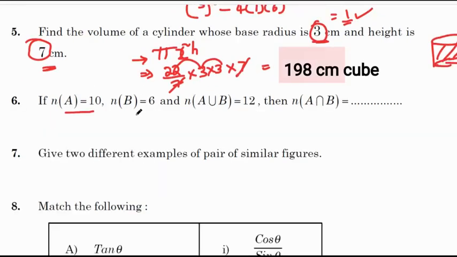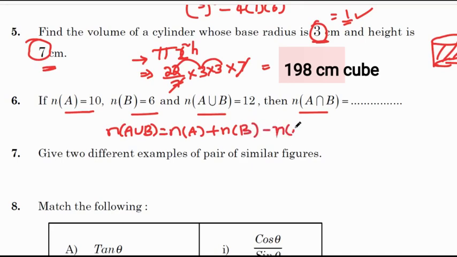Sixth question, n of A is 10, n of B is 6, n of A union B is equal to 12. Find n of A intersection B. So we know the formula n of A union B is equal to n of A plus n of B minus n of A intersection B. So we'll replace the given values in this formula. n of A union B is given as 12, equal to n of A is 10, n of B is 6, minus n of A intersection B, which is the value we are going to find now.